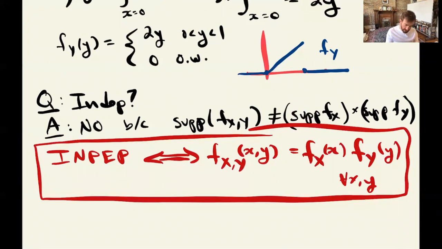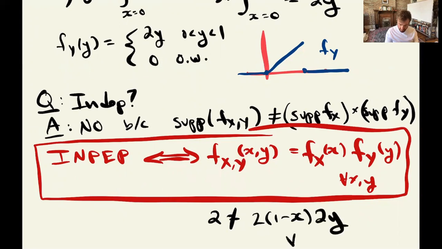To write it out a little more specifically, we know that 2 is not equal to 2 times 1 minus x times 2 times y for all x and y.